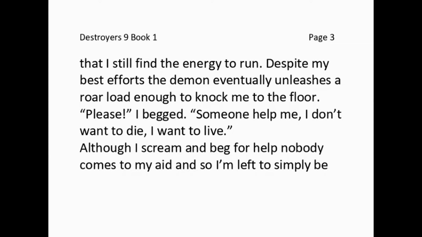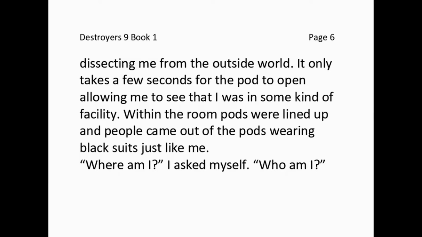It only takes a few seconds for the pod to open, allowing me to see that I was in some kind of facility. Within the room pods were lined up, and people came out of the pods wearing black suits just like me. Where am I? I asked myself.